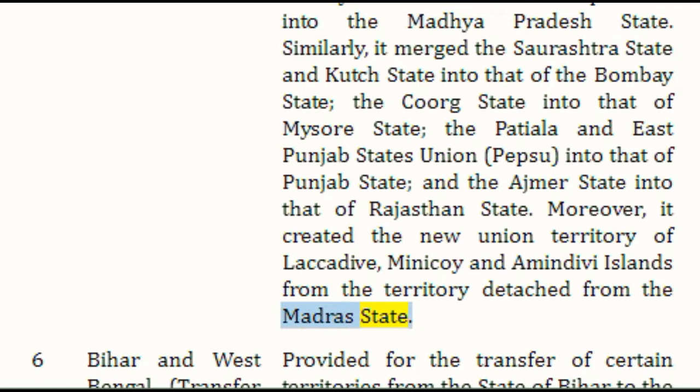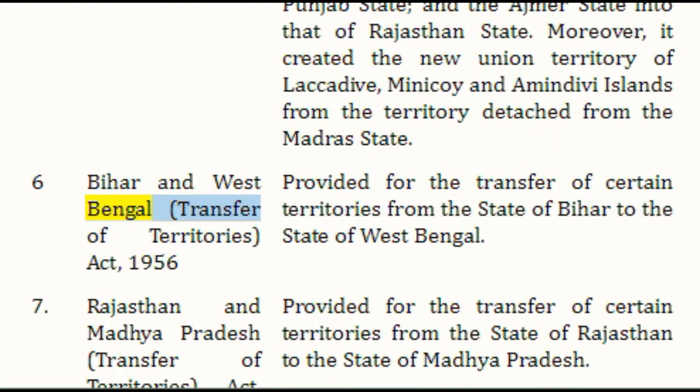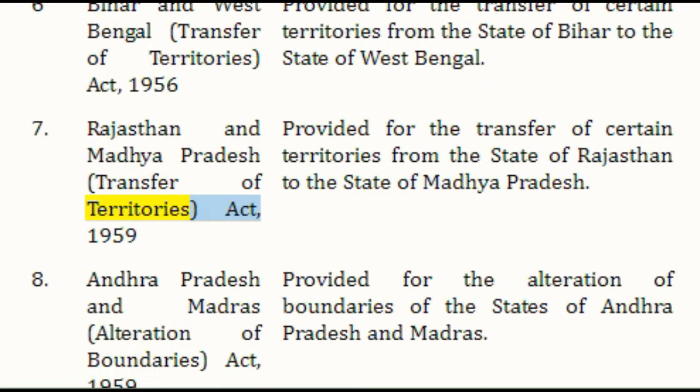6. Bihar and West Bengal, Transfer of Territories, Act 1956. Provided for the transfer of certain territories from the state of Bihar to the state of West Bengal. 7. Rajasthan and Madhya Pradesh, Transfer of Territories, Act 1959.